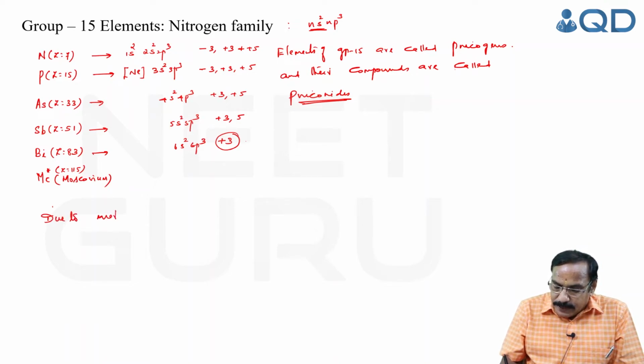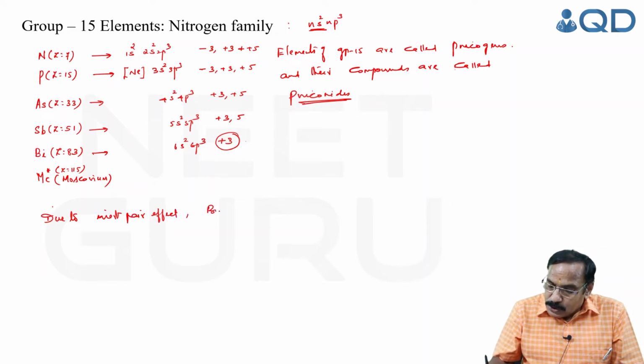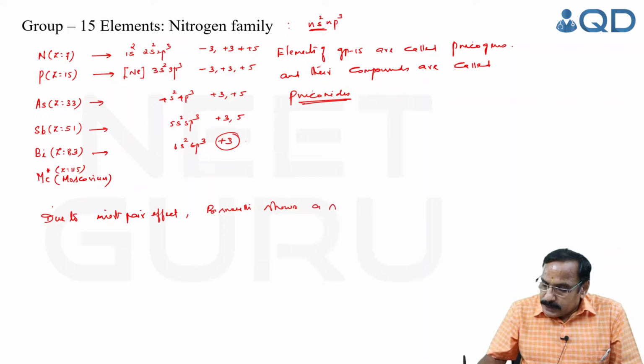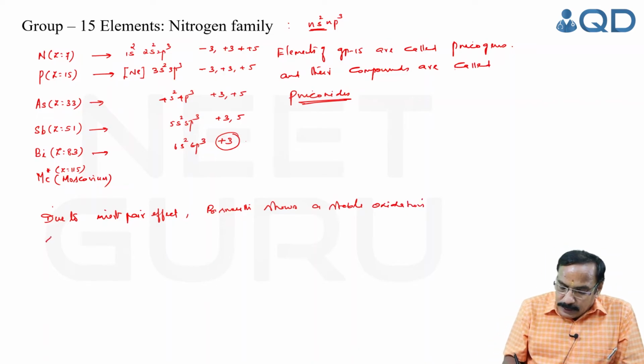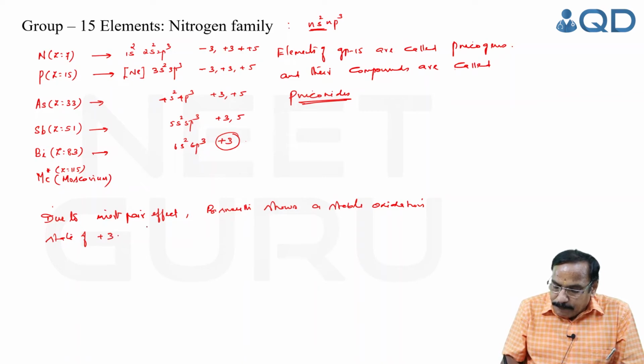Due to the inert pair effect, bismuth shows a stable oxidation state of +3.